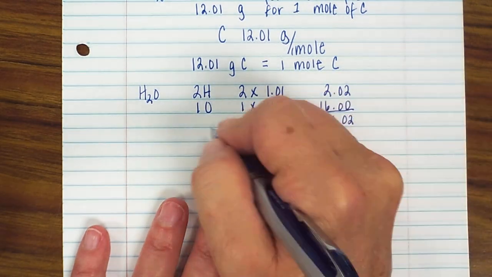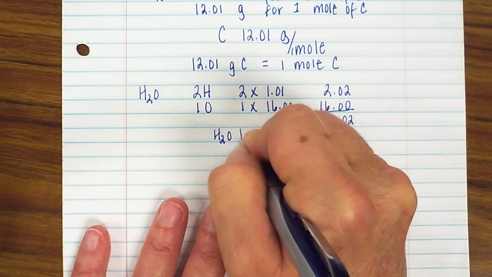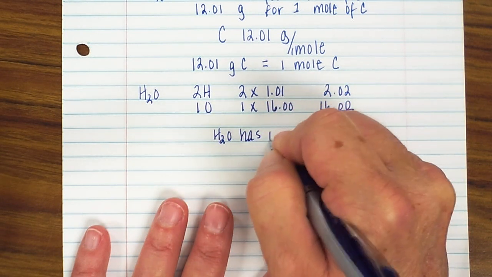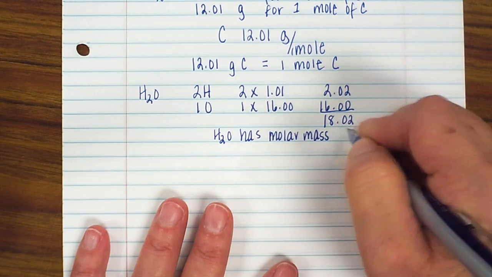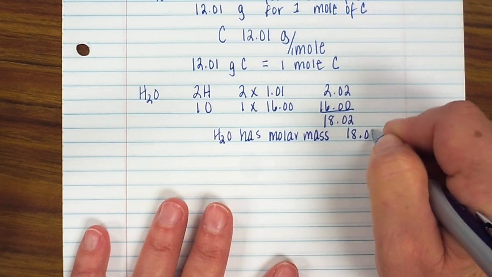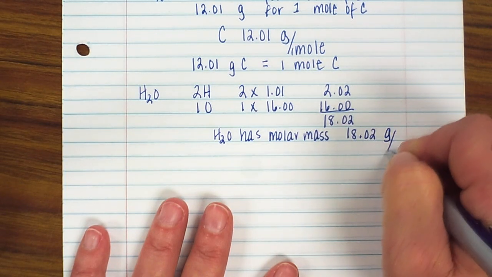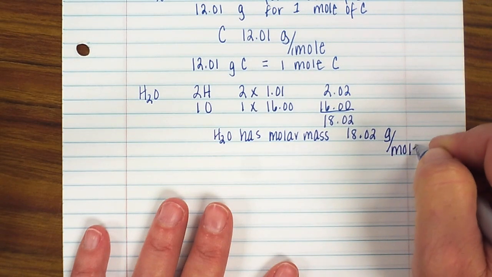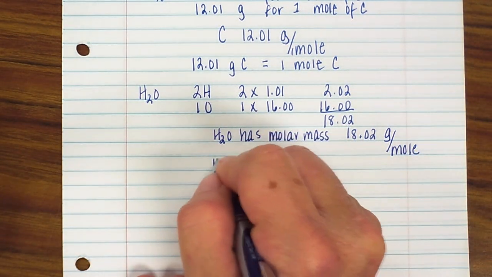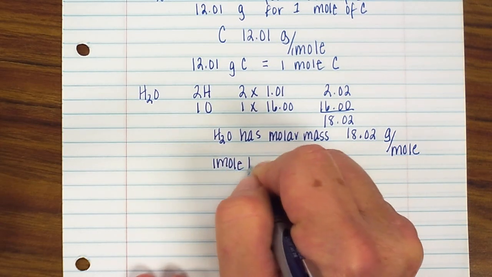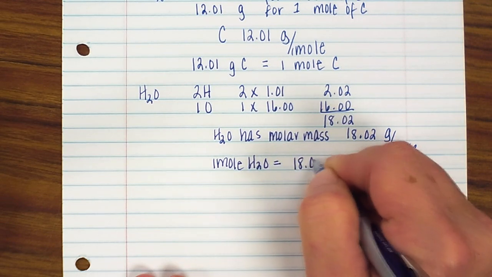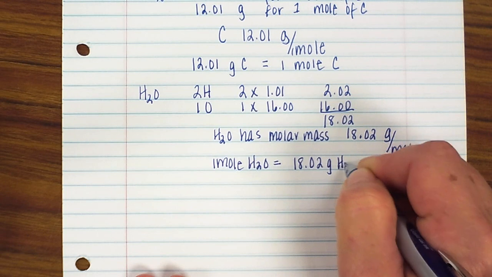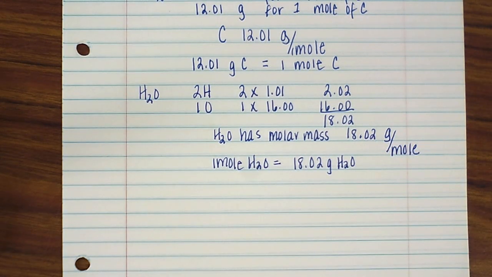And so water has a molar mass of 18.02, notice the units, grams per mole, which is grams per 1 mole. 1 mole of water equals 18.02 grams of water. All right, there's my conversion factor that I can use.